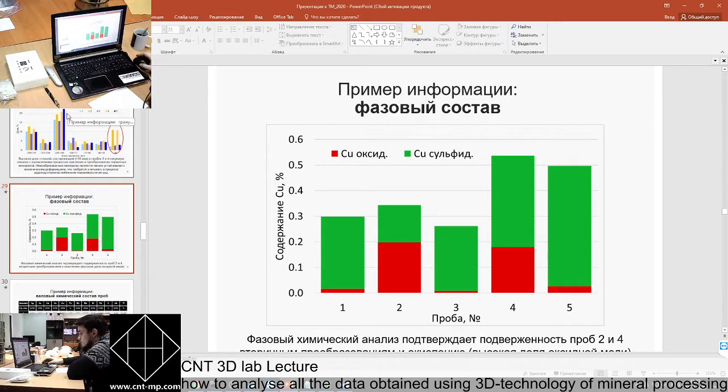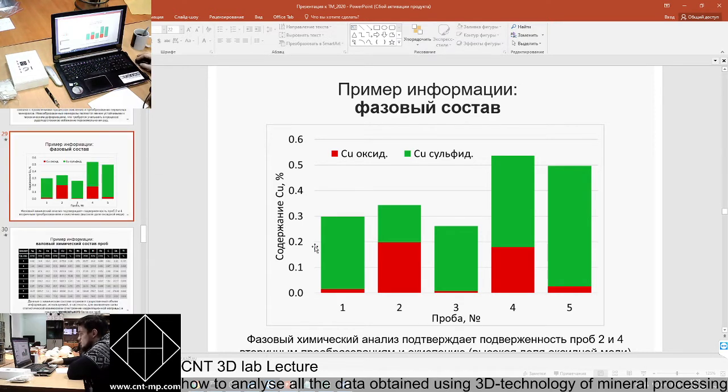Also, we can check the chemical composition, and it can be demonstrated both in histograms and tables. So what's the difference? The tables are more likely because you can very quickly understand the main thing.